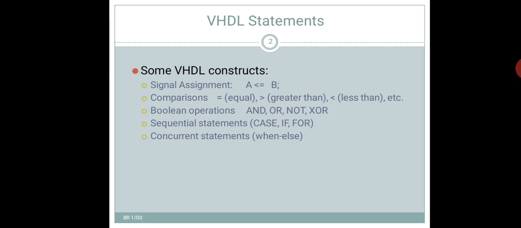Then Boolean operations, AND gate, OR gate, NOT gate and XOR gate, are also defined by the IEEE library. Then sequential statements like case statement, if statement and for statement, and finally the concurrent statement, which can be written with the help of signal assignment or with the help of when else statement.